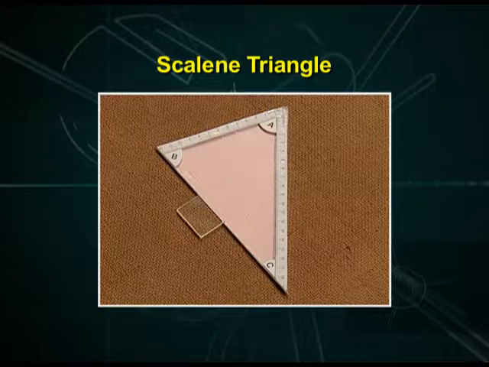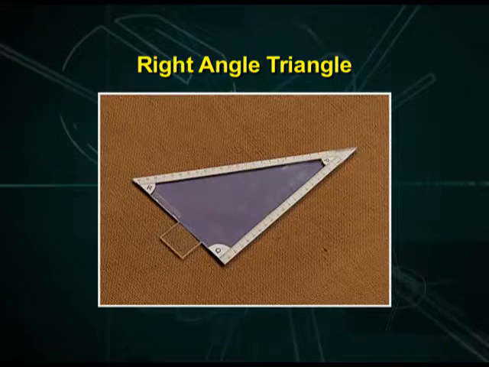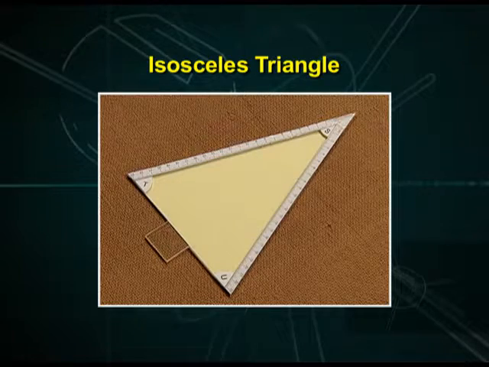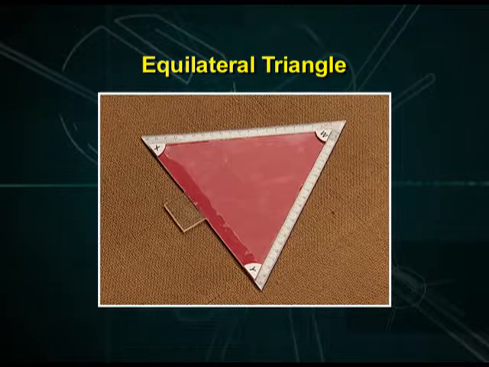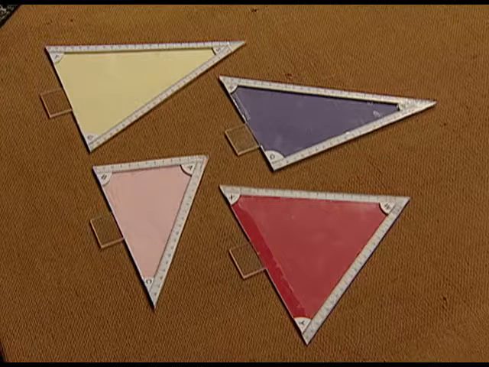We are going to verify this theorem in 4 cases: when we have a scalene triangle, a right angle triangle, an isosceles triangle, and an equilateral triangle. So let us take case 1, when we have a scalene triangle.